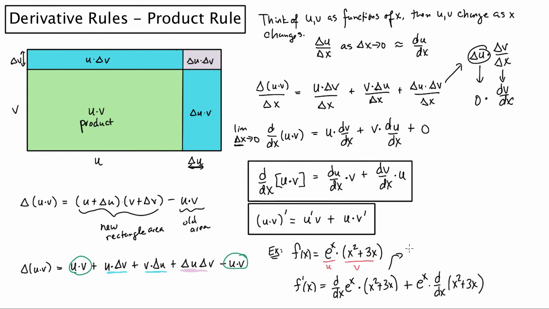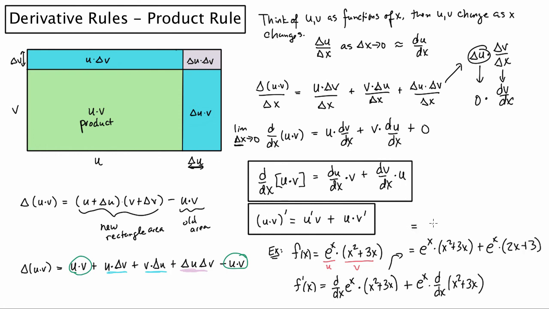So if you'll allow me, I'm going to do this above the equation here. The derivative of e to the x is e to the x, plus, here we have another e to the x, and the derivative of x squared plus 3x is 2x plus 3 using the power rule there.